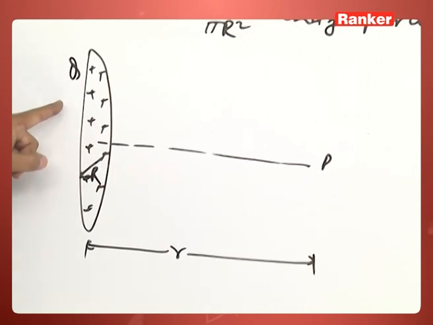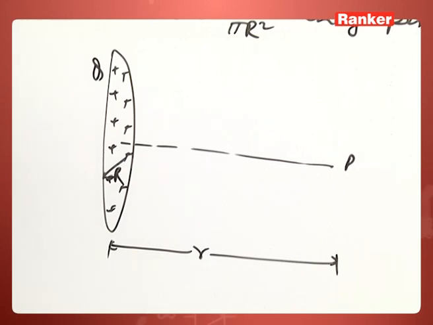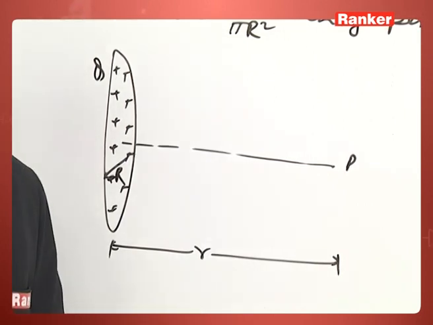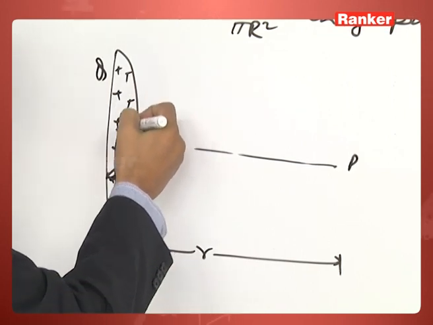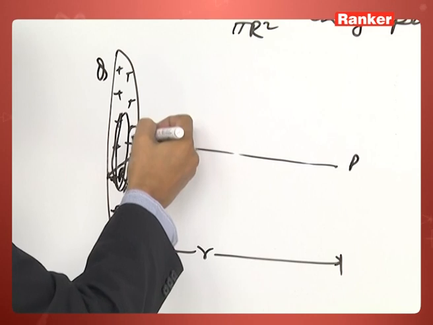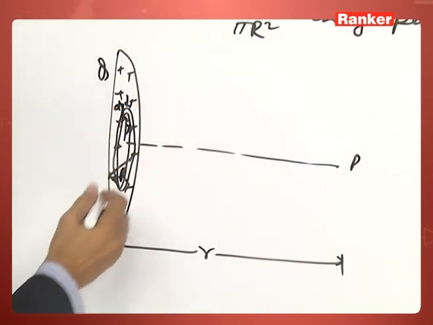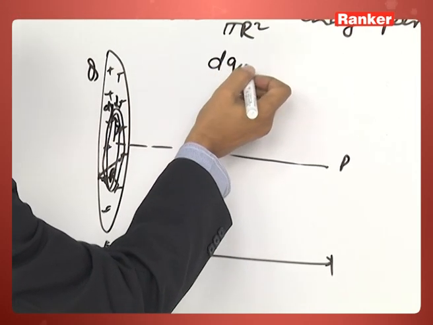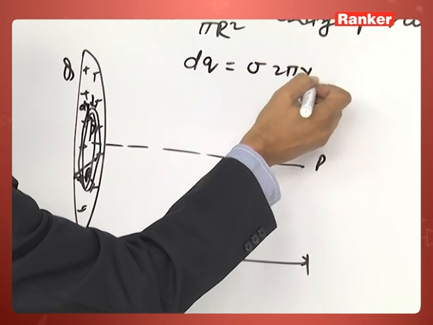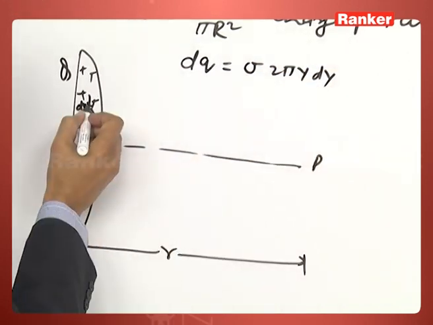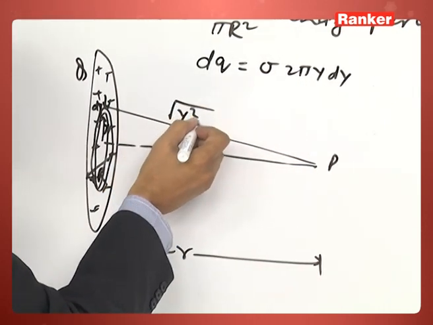This disk can be taken as concentric rings kept one over another, and for a ring we have already determined the potential. So see, if we are considering a ring of radius y and thickness dy, then dq is the charge on that ring and it is given as sigma into 2 pi y dy. Due to this ring, the distance is root over y square plus r square.